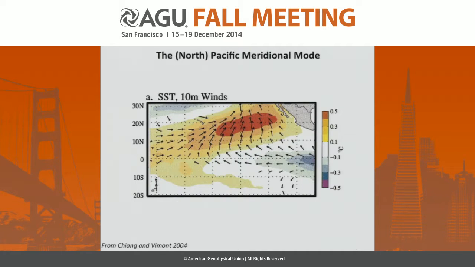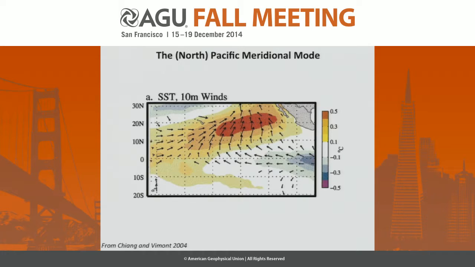We also have the Pacific meridional mode, and these two have been talked about in the literature kind of interchangeably. So the real question here is whether these two are the same processes. What you see here is the meridional mode from Chang and Vimont, and they define this based on a maximum covariance analysis between SST and winds in the subtropical and tropical Pacific.